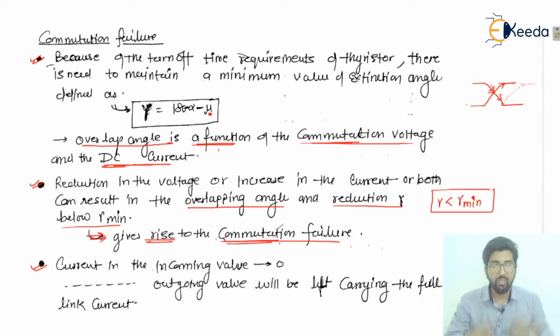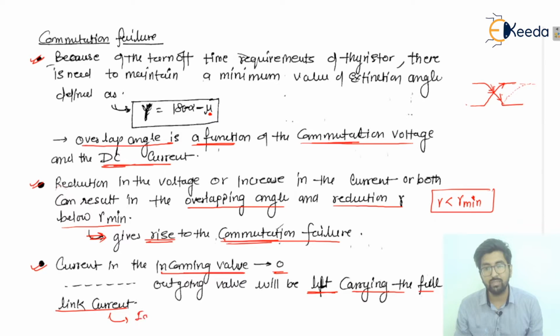Incoming means the valve is to be conducted, and outgoing means it is to be turned off. At present the incoming valve will have current 0, and the outgoing valve will be carrying the full link current, that is ID.